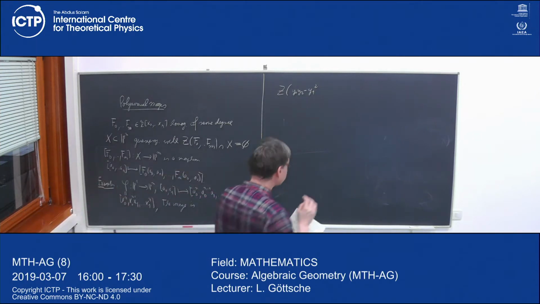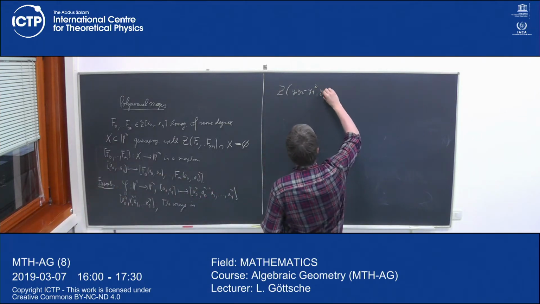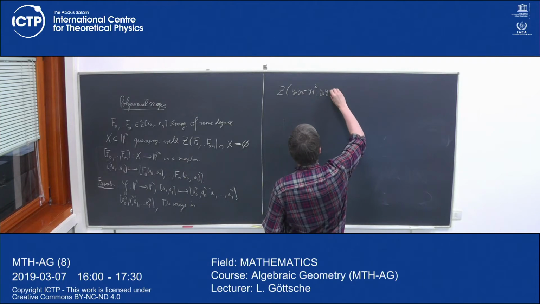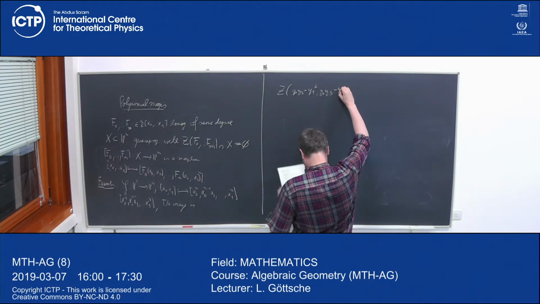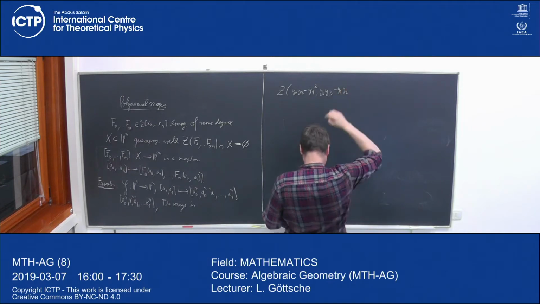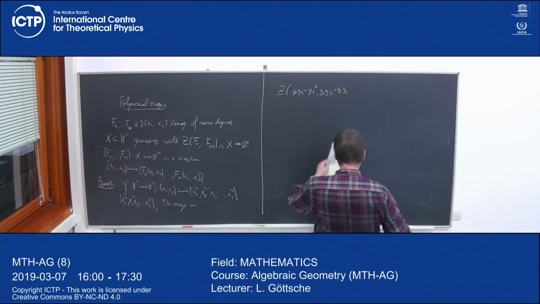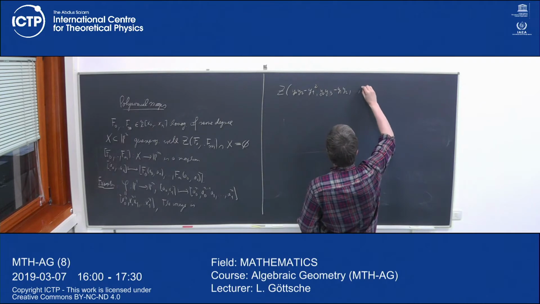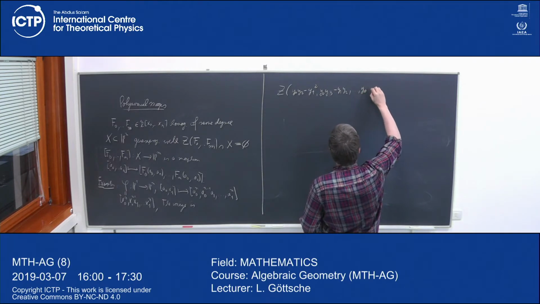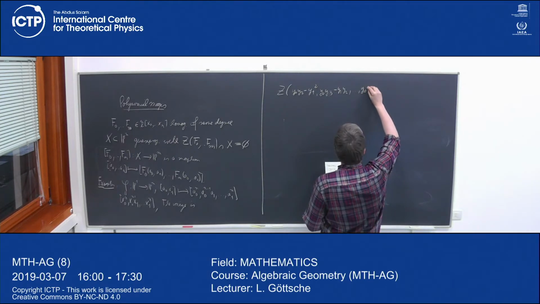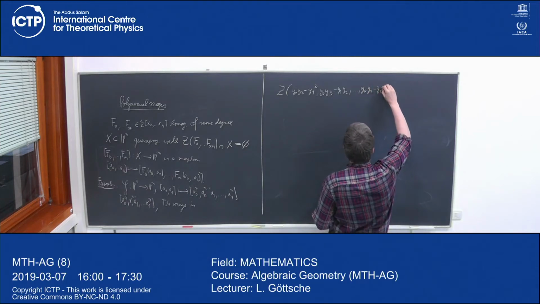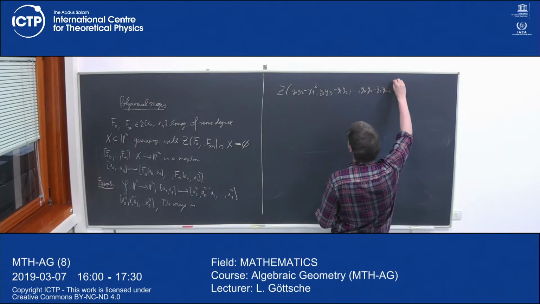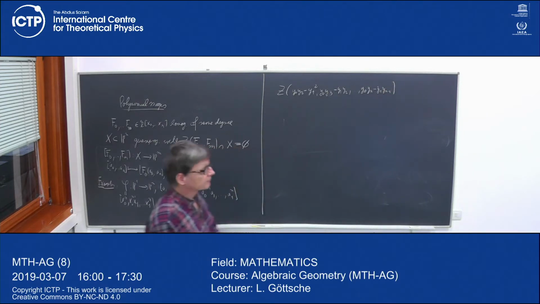Then similarly y0 y4 minus y1 y3, y1 y2 minus y0 y3, and so on until y0 yn minus y1 y(n-1). We can take the zero set.